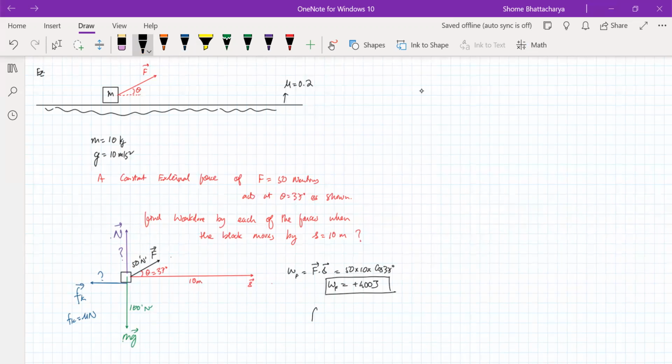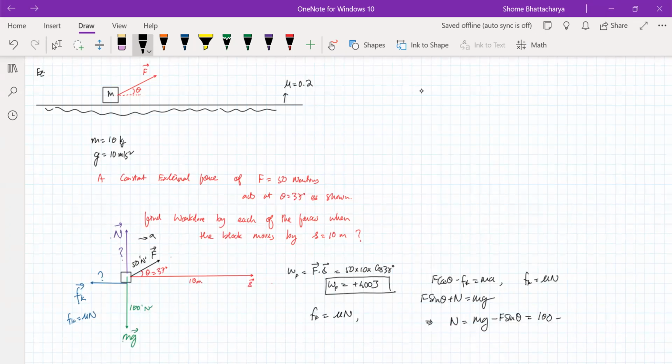So kinetic friction how much is it? Mu n. And for n, what will we do? We have F sin theta plus n is equal to mg, because this block will be accelerating, whereas F cos theta minus friction will be equal to ma, and the kinetic friction is mu N. So we can see normal reaction is mg minus F sin theta.